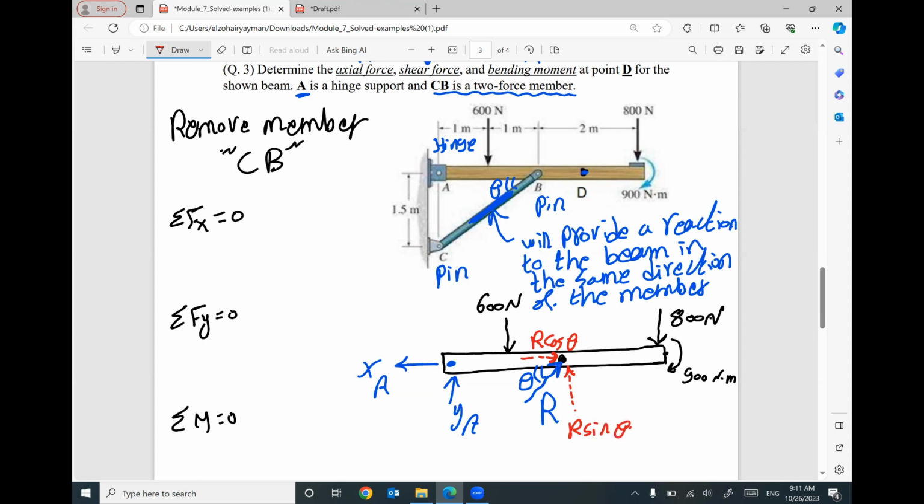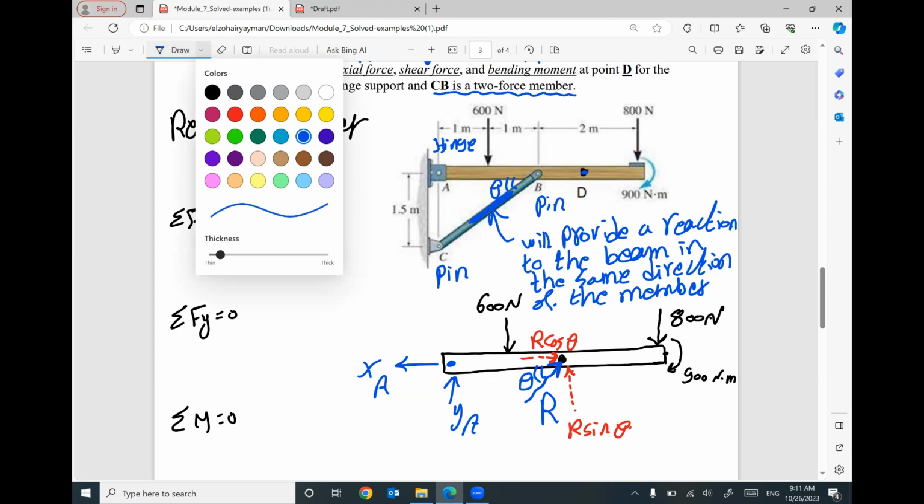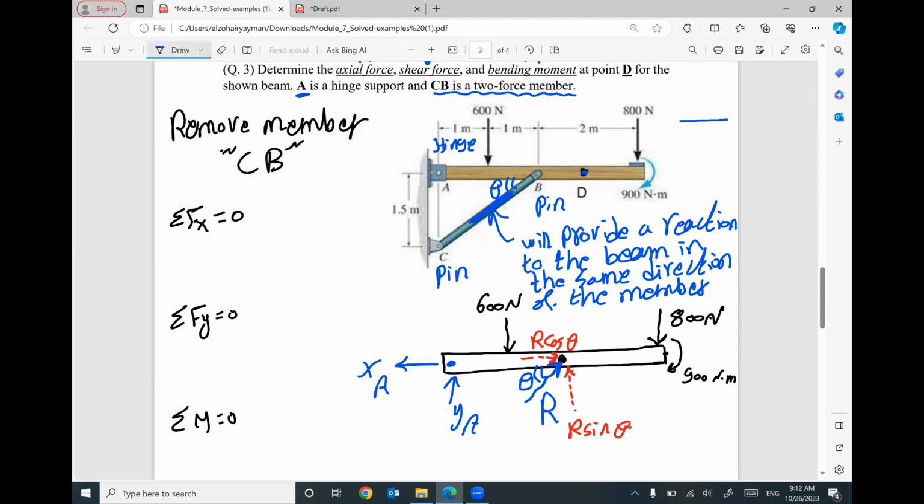And also keep in your mind that this angle theta will be inside this right angle triangle. This horizontal distance is 2. This vertical distance is 1.5. So the hypotenuse, I think, will be 2.5. Let me check. 4 plus, yes, 2.5.